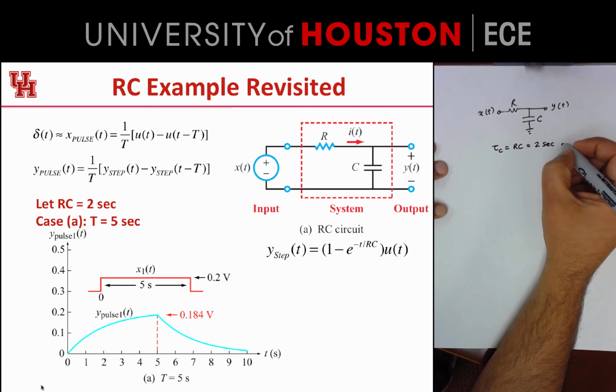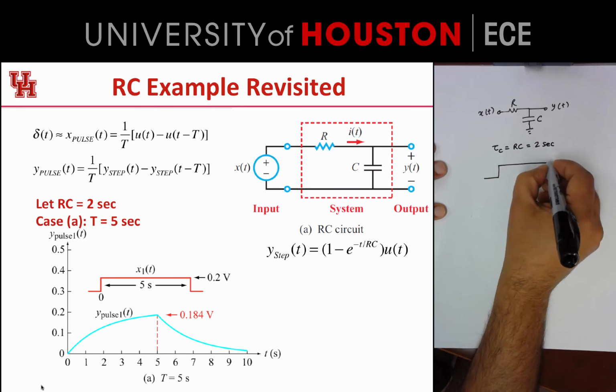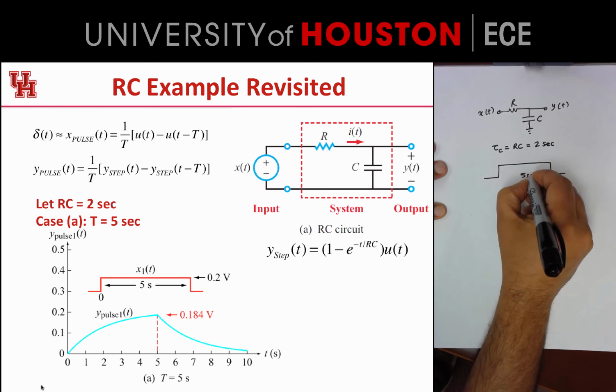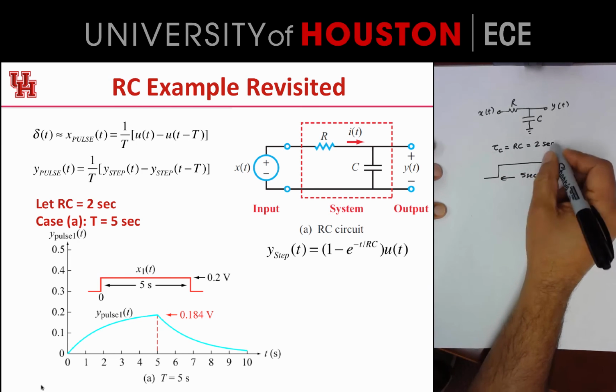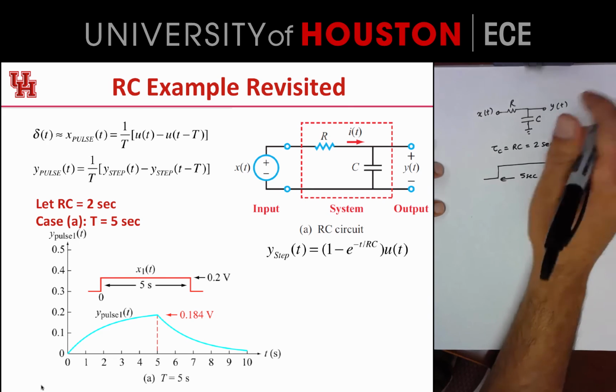In that case, suppose I were to have an input pulse that's pretty wide, like 5 seconds. So the width of this pulse is the same order of magnitude as the time constant. It's not like a tenth of this or anything like that.